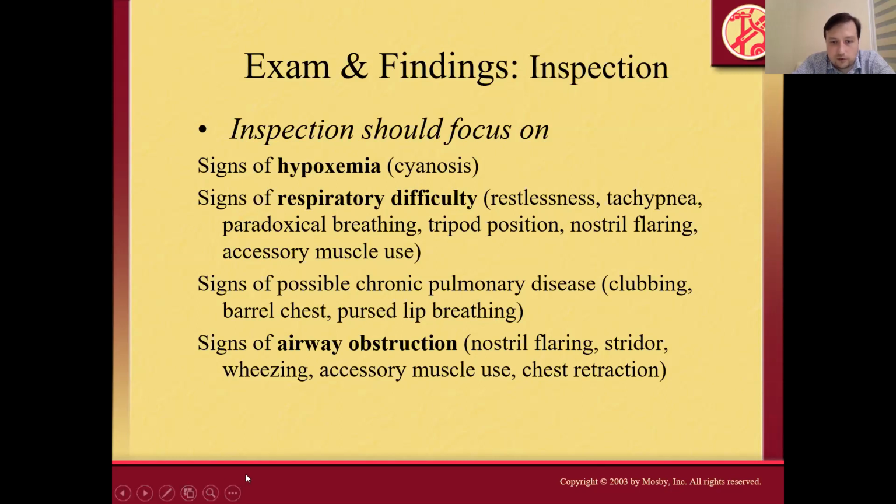Signs of possible chronic pulmonary diseases: clubbing fingers, barrel chest, pursed lip breathing. And signs of airway obstruction: nostril flaring, stridor, wheezing, accessory muscle use, and chest retraction.